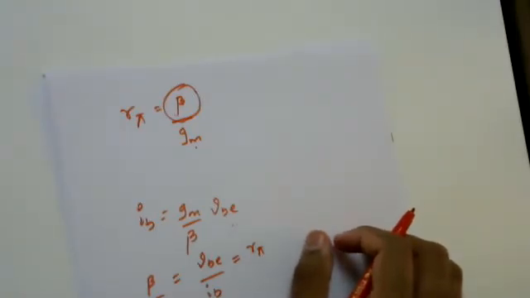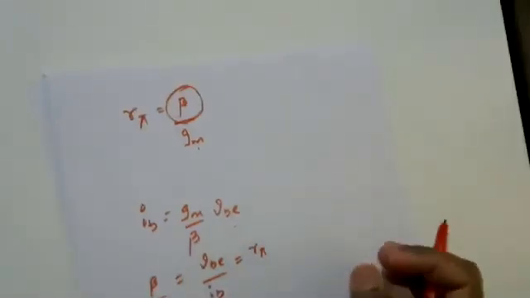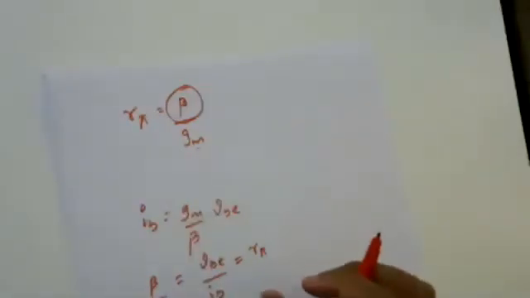I want answers from all the students. I would like to know your response. Yes, only one student: beta can be written as IC by IB.